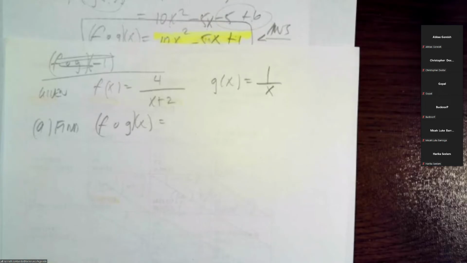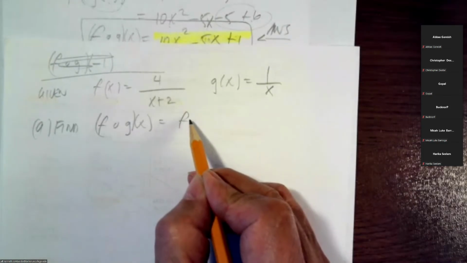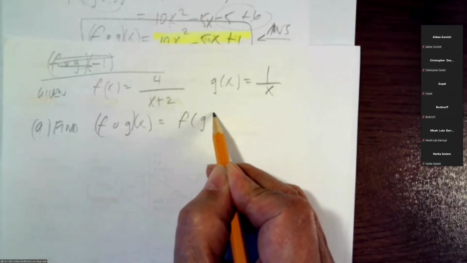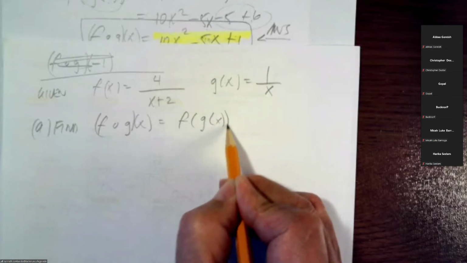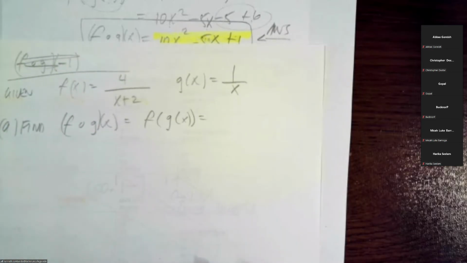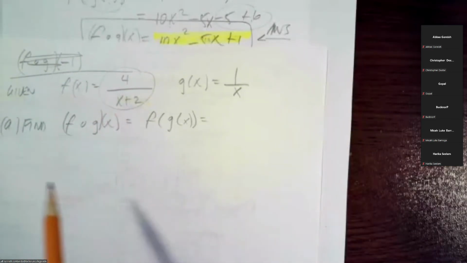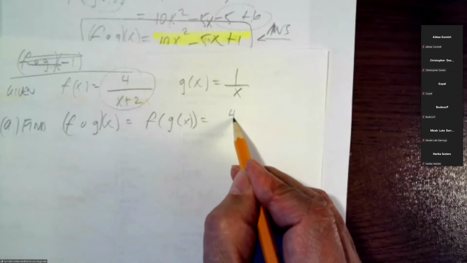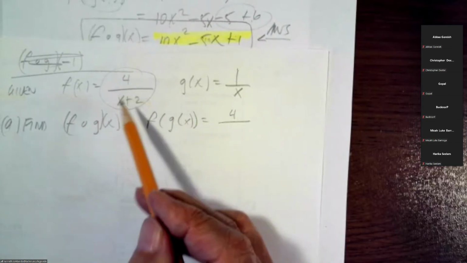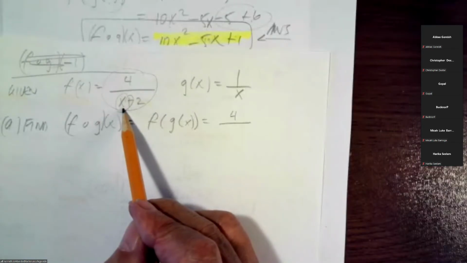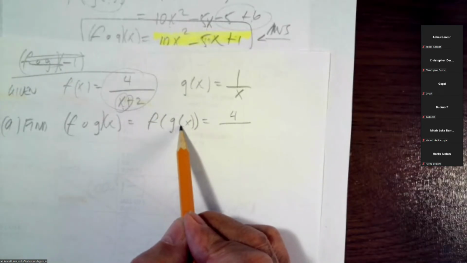Okay, what do we think? f of g of x. So f of x looks like this. That's 4 over x, but x is going to be g of x.